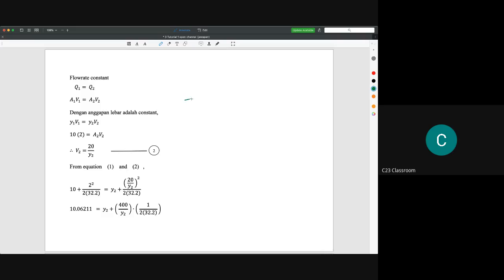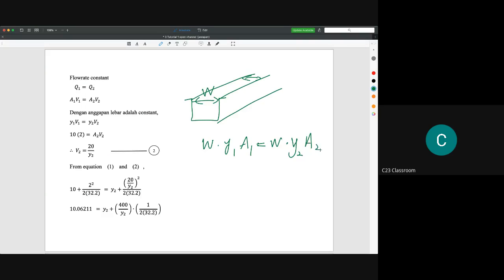For example, we have an open channel here, so we assume that the width is almost constant. So when the width is constant, let's say the width is W. So we have W Y1 as A1, equal to W Y2 as A2. And then we could eliminate the effect of width.